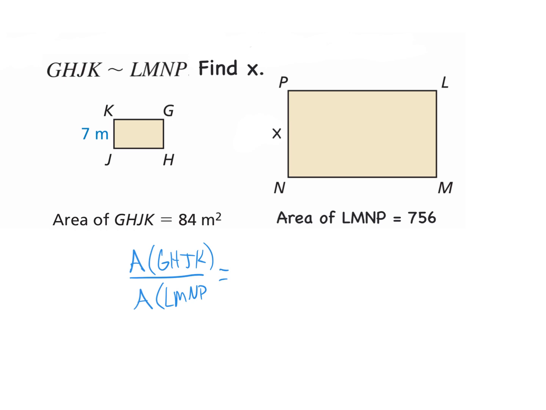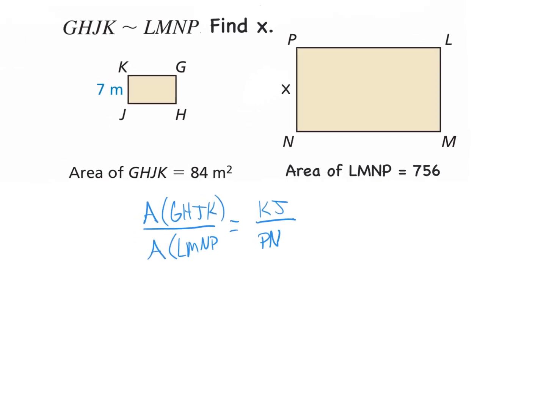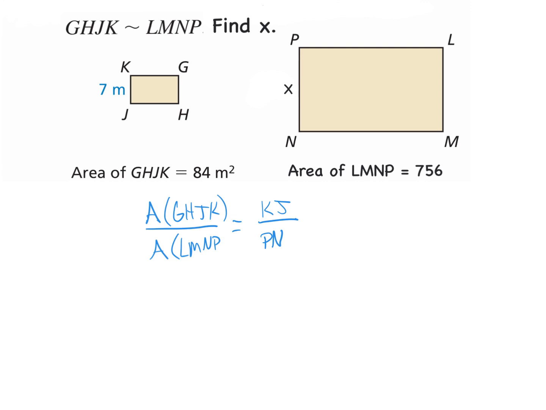Okay, so we want to get it from the left one. Because remember, our left one's on top. There you go. KJ. Over. Which one am I going to have on the bottom right? PN. Okay. Now let's plug them in.